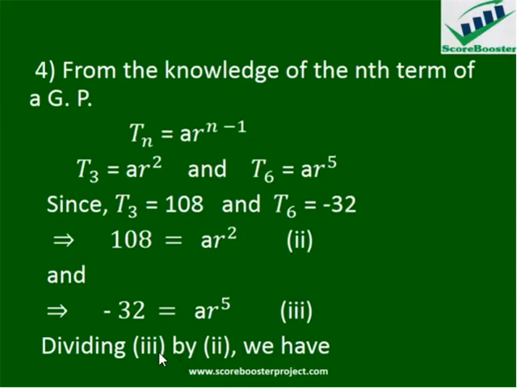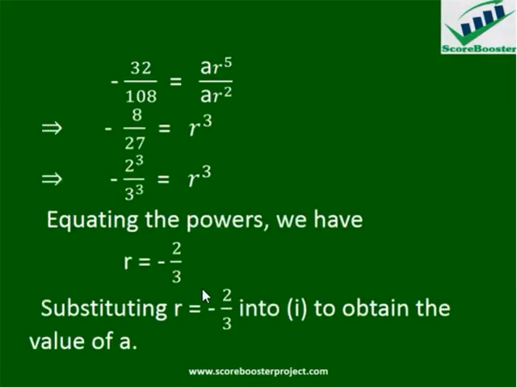Now, we can see that if we divide the third equation by the second, we can eliminate a and obtain the value of the common ratio. So now, dividing 3 by 2, we have minus 32 over 108 equals ar raised to power 5 divided by ar squared.